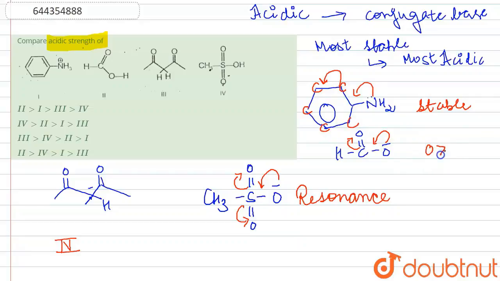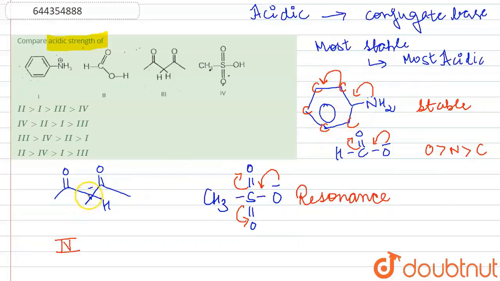The electronegativity of oxygen is higher than nitrogen, and nitrogen's electronegativity is higher than carbon. So here the negative charge is present on a carbon atom, right? So even though it is acidic, it is not as much in comparison to option number 4, because here 3 oxygens are carrying negative charge. In option number 2, 2 oxygens are carrying negative charge, and here carbon is carrying negative charge, but because of the benzene ring it is also highly stable.